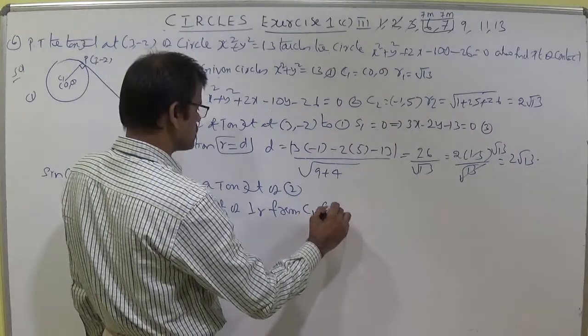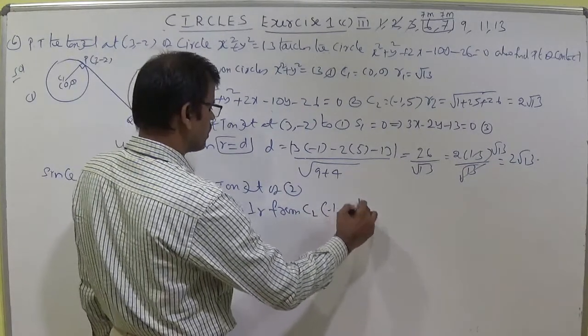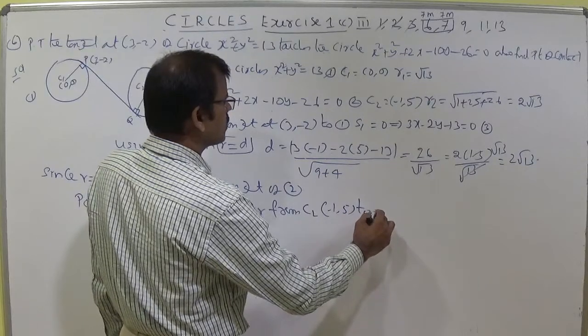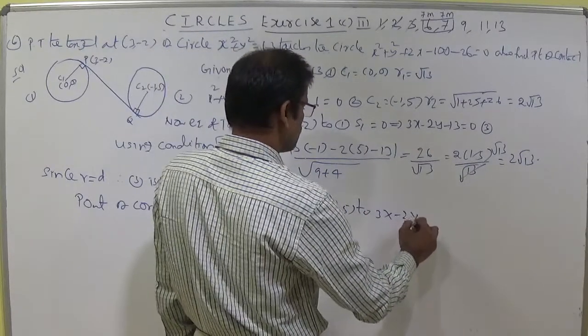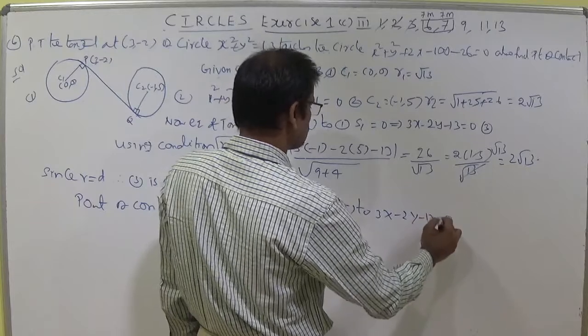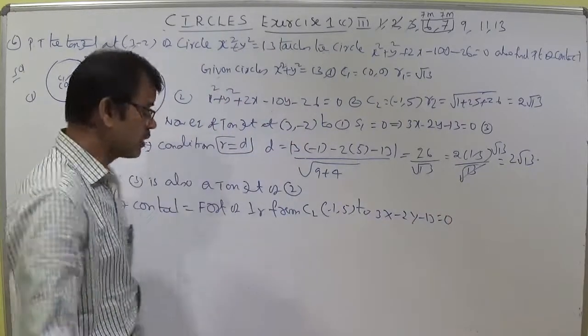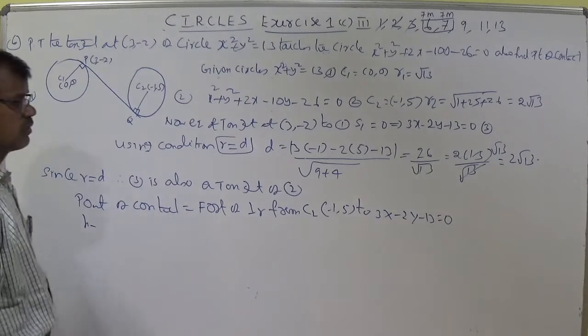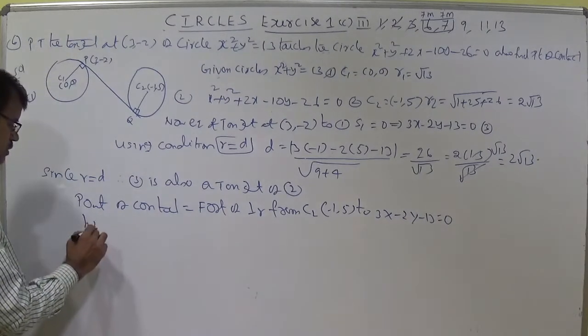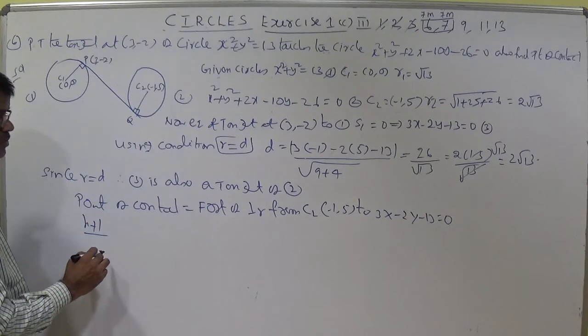C2. C2 means here minus 1 comma 5, to the line, the common tangent 3x minus 2y minus 13 equal to 0. Using the foot of perpendicular formula, (h minus x1) by a is equal to (k minus y1) by b is equal to minus of (ax1 plus by1 plus c) by (a square plus b square).